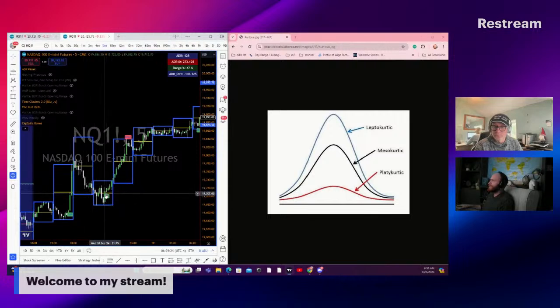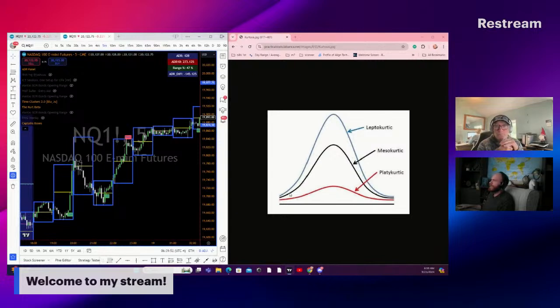And when one finally shows, like over the last 20 bars, this candle right here shows this type of leptokurtic distribution, which is the rate of change. This is an anomaly compared to the last 50 bars, and the speed in which it did it, the direction, and where it was shows us leptokurtic distribution.